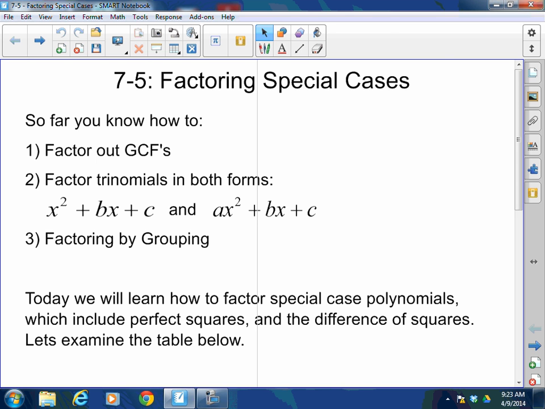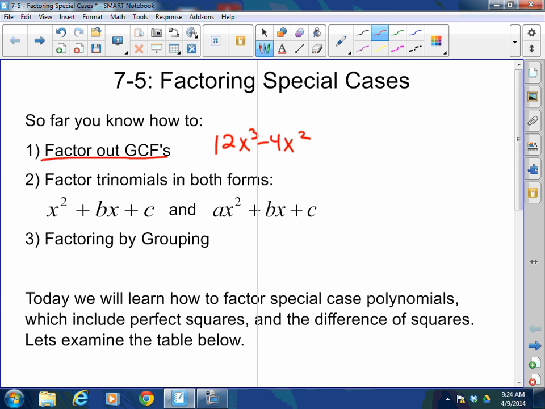We've learned a lot. We've learned how to factor any polynomial by taking out their GCFs, right? For example, if I have 12x cubed minus 4x squared, that's going to give me what? I'm going to factor out my GCF of 4x squared and put that outside of the parentheses.